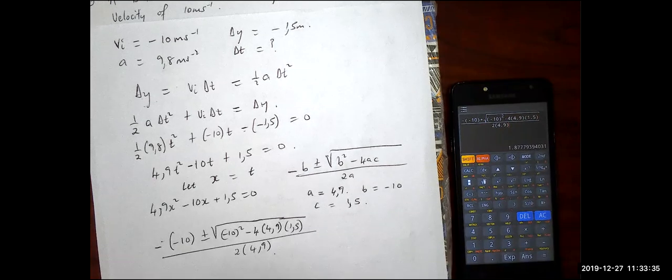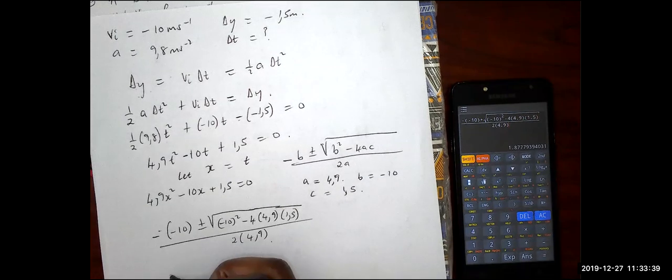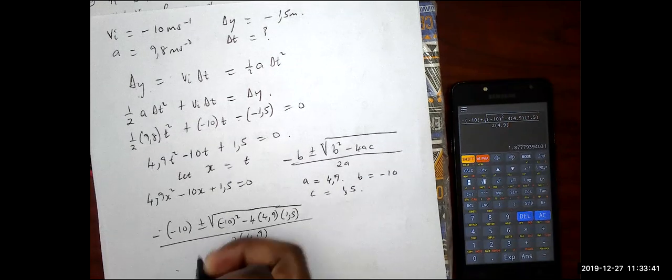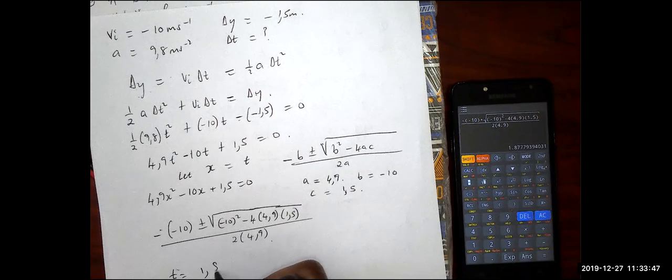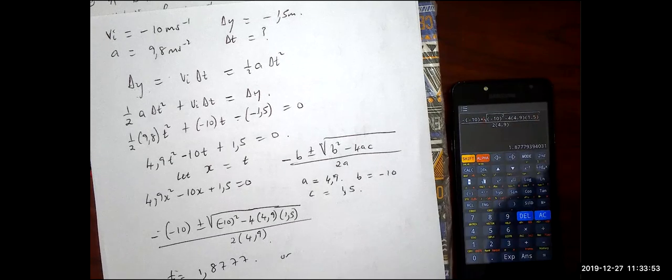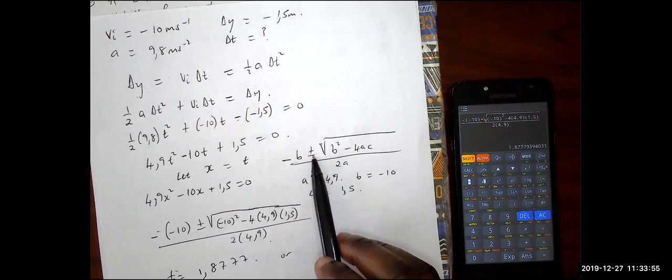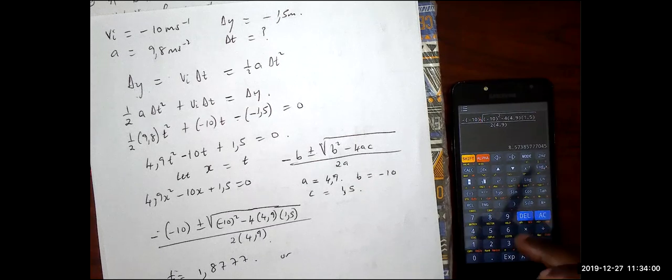Now, what do we get then? If it is plus, our t there is going to be 1.8777, or we put a negative. Remember, it's plus or minus here, so we can also put minus there. We delete there, put minus.